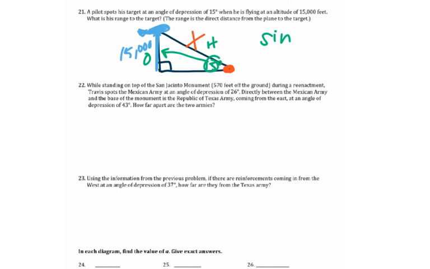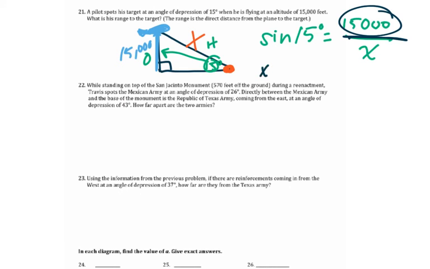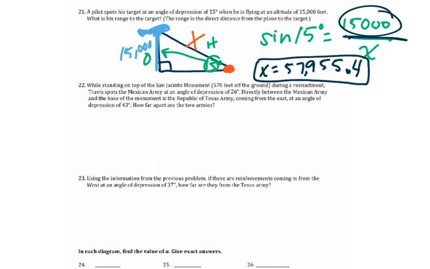So sine of 15 degrees equals the opposite over the hypotenuse. When the number is on top, it stays on top. 15,000 divided by sine of 15. That leaves me with a very large number. So the answer x equals 57955.5. So he is 57,000 feet away from his target.